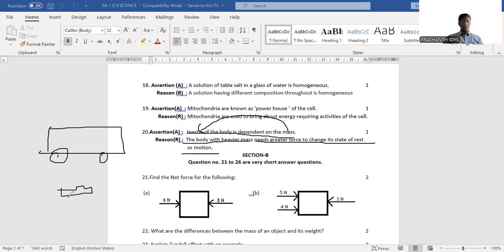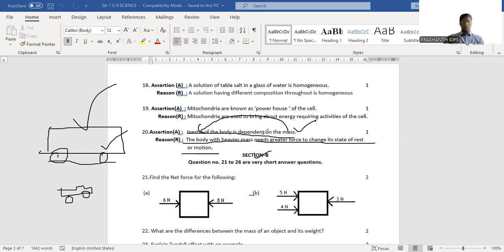Which requires more force to move? Obviously the huge truck. Why? Because mass is more, so inertia will also be more. What is inertia? Inertia is the property of a body that resists a change in its state of rest or motion. So to move a heavy object, we need greater force to change the state of rest or motion, right?